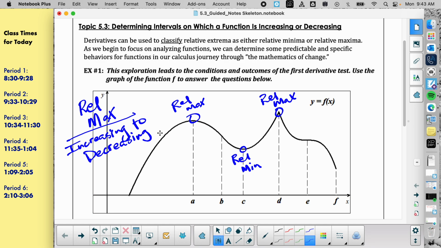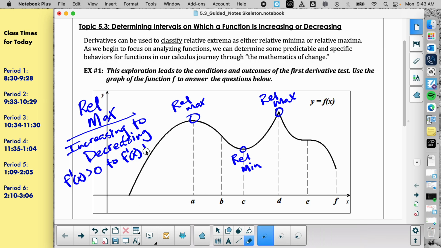What do we usually say instead of increasing when we have equations? The slope is going from positive to negative. So f prime is going from positive to negative.